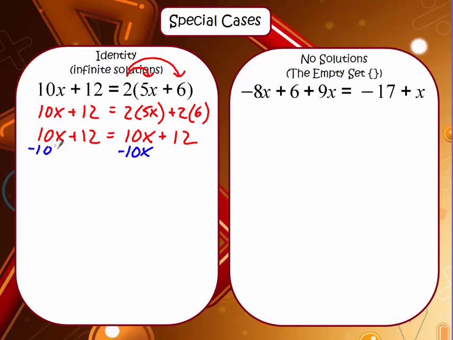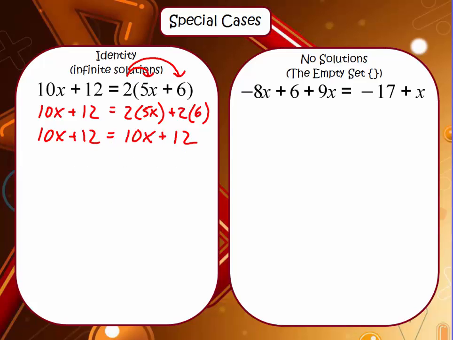Subtract 10x from both sides, keep the equation balanced. 10x minus 10x is 0, and 10x minus 10x is 0. So I'm left with just 12 equals 12. I don't even have a variable anymore. Okay, so sometimes that happens. What if instead I decided to move the 12 first? Let's see what happens.